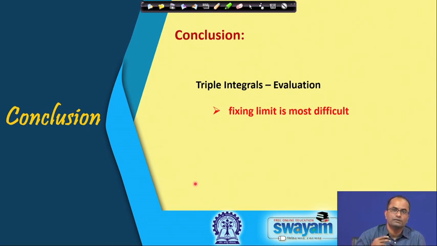So, that will be the limit for this direction, the z, and once we fix this with respect to one variable, we can project the whole volume to the other plane. So, if we have fixed with respect to z, then we can project the volume to the xy plane, and once we project to the xy plane, we are in 2 dimensions and we know how to fix the limits for the 2 dimensional case.